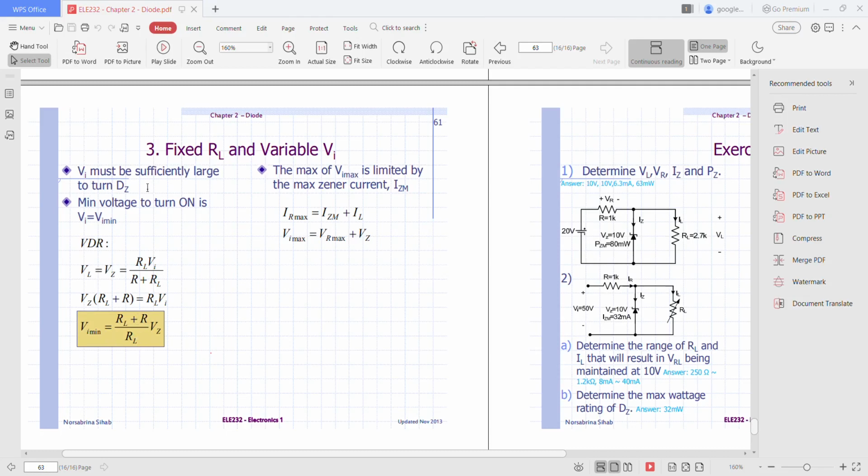By using the voltage divider rule, you will get this equation. So from here you can get Vin min equals RL plus R divided by RL and multiplied by Vz.